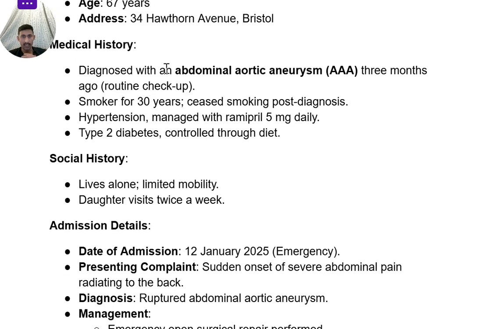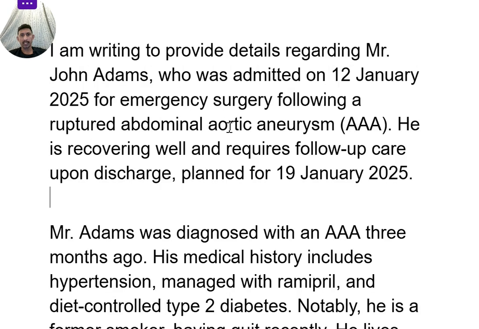You can see in the admission details, 12th January 2025, an emergency. So we included that in the introduction itself: who was admitted on 12th January 2025 for emergency surgery following a ruptured abdominal aortic aneurysm.